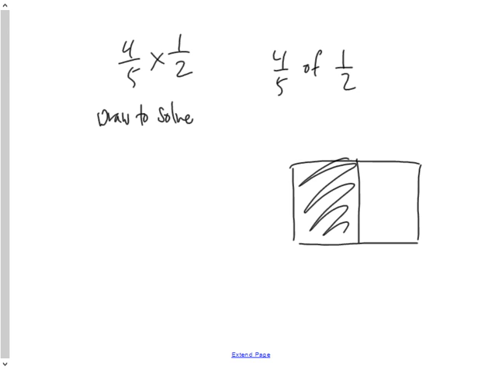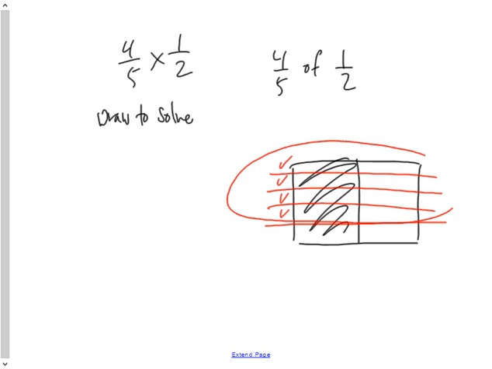And if I'm allowed to keep 4/5 of the half, I can cut it into fifths. 1, 2, 3, 4 lines makes 5 parts. 1/5, 2/5, 3/5, 4/5 of a half would be this much here, which in terms of a number is 4/10. 1/10, 2/10, 3/10, 4/10 would be your answer. Now, of course, if I multiplied it out, 4 times 1 is 4, 5 times 2 is 10. My answer of 4/10 is still the same.